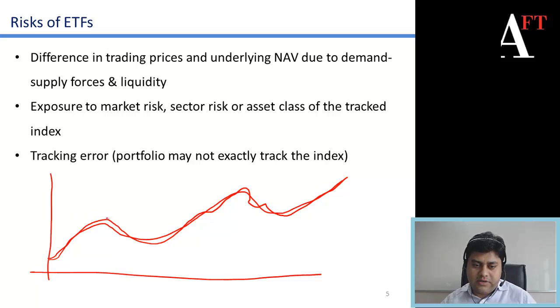So this difference is called tracking error.